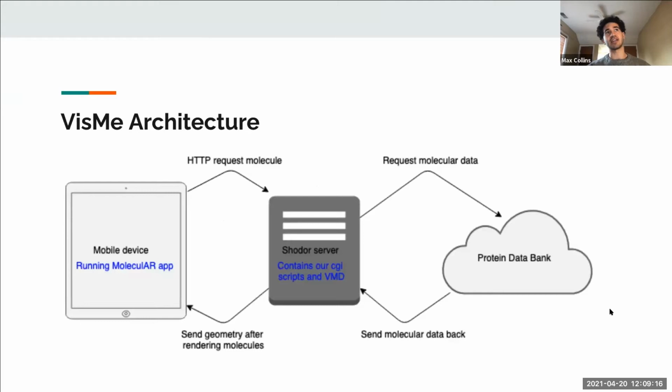Quick background, just technically, on how Vizme is working. Like I said, this is a mobile phone or mobile device based AR experience. So you've got the app running on your device. When a user types in the code for the PDB item that they want to visualize, an HTTP request is sent to the server that's running this program called VMD, which can then request molecular data from the Protein Data Bank.